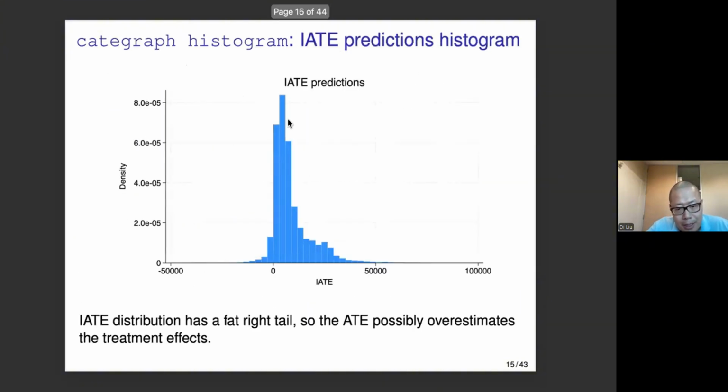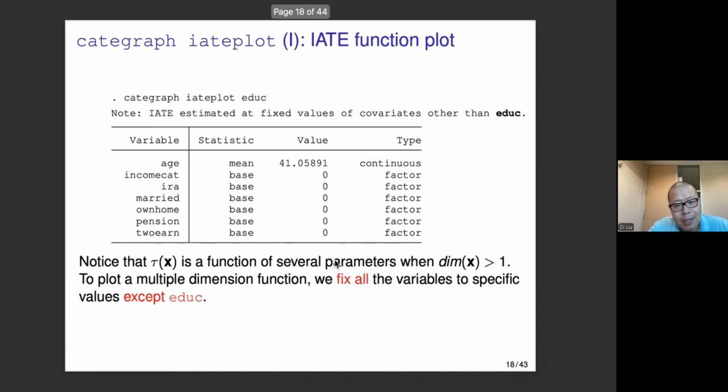Remember, this histogram just gives us a distribution of the ITE function. Now suppose we want to see what the ITE function looks like. Remember, the ITE function depends on several variables of x, and x has several dimensions.